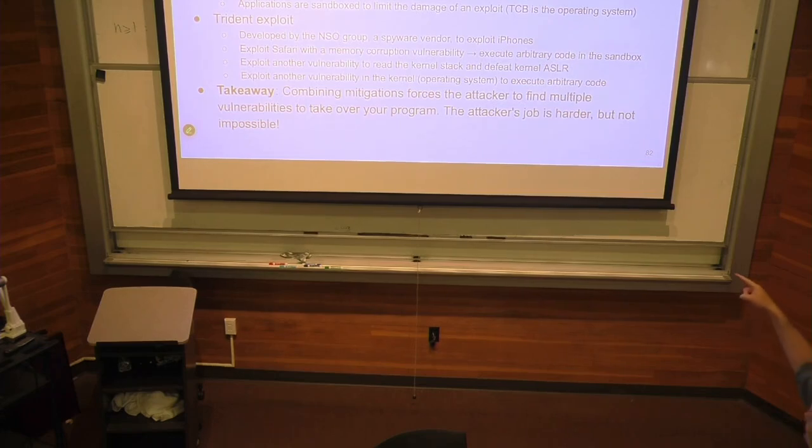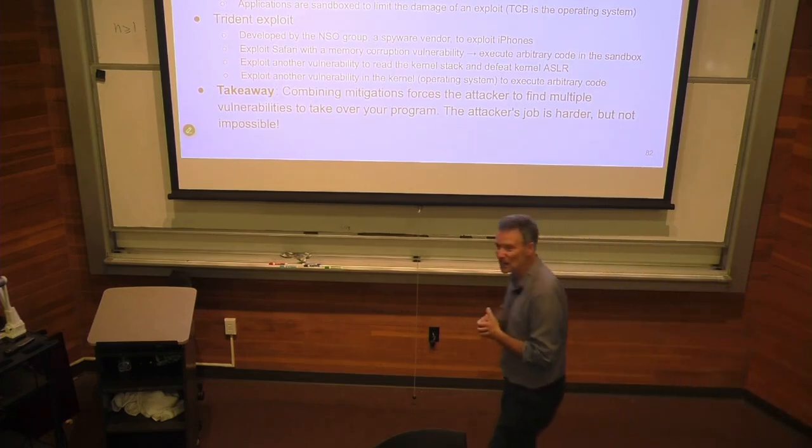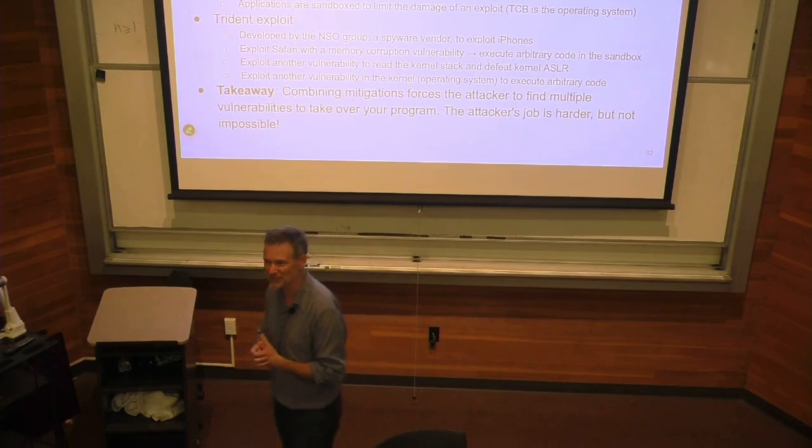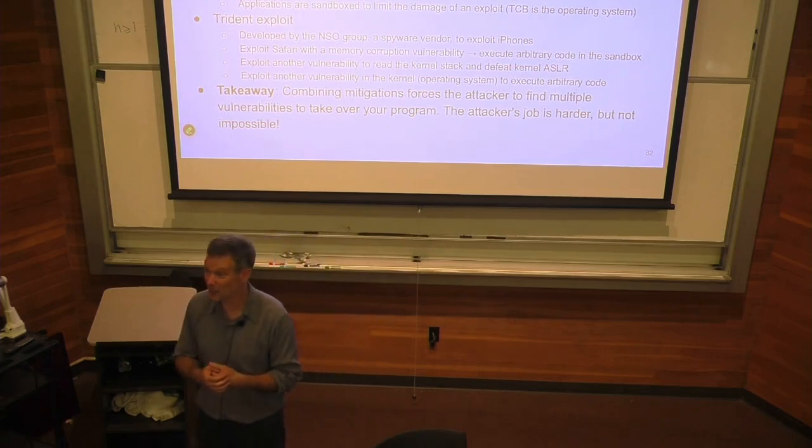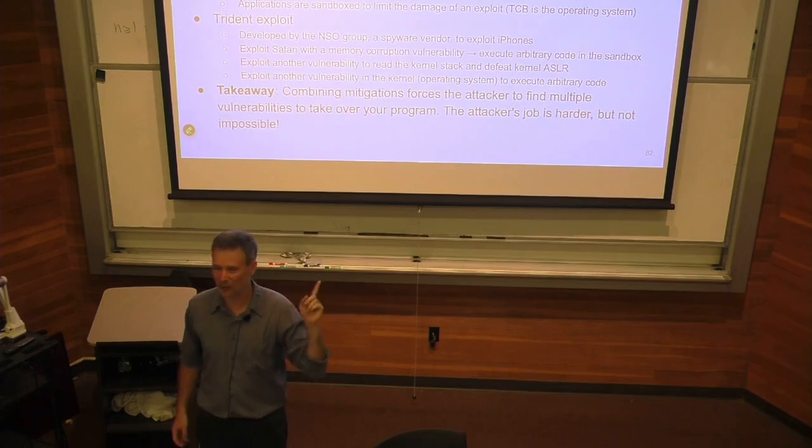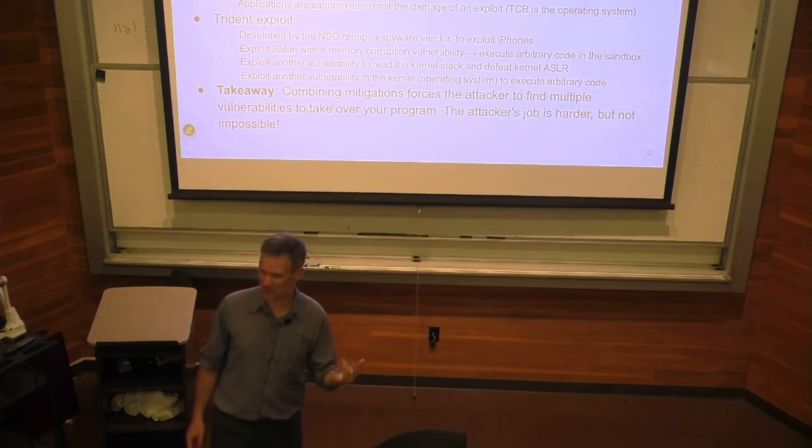They had to find the first kernel vulnerability to defeat ASLR because the kernel was using ASLR. So in the end they had to find 3 separate vulnerabilities to be able to hack your iPhone. They were able to be successful, but this was a very significant operation for them to put together this exploit chain. So I think it was a meaningful increase in security.